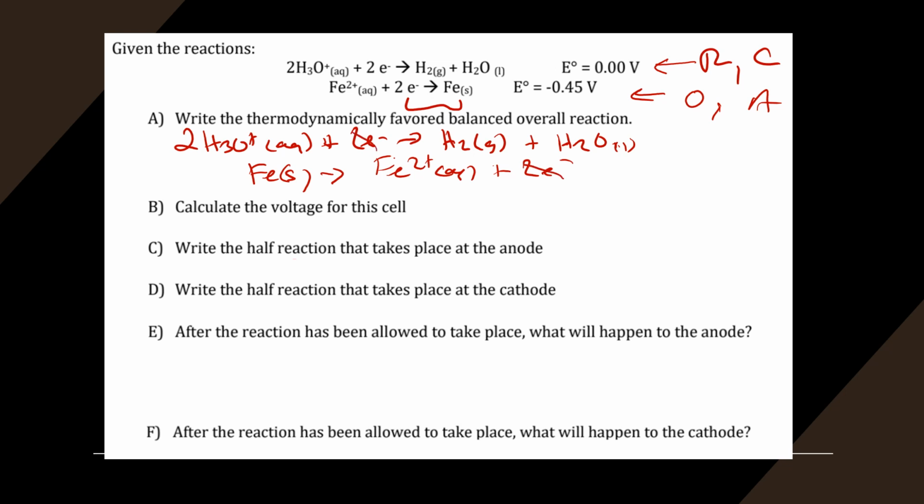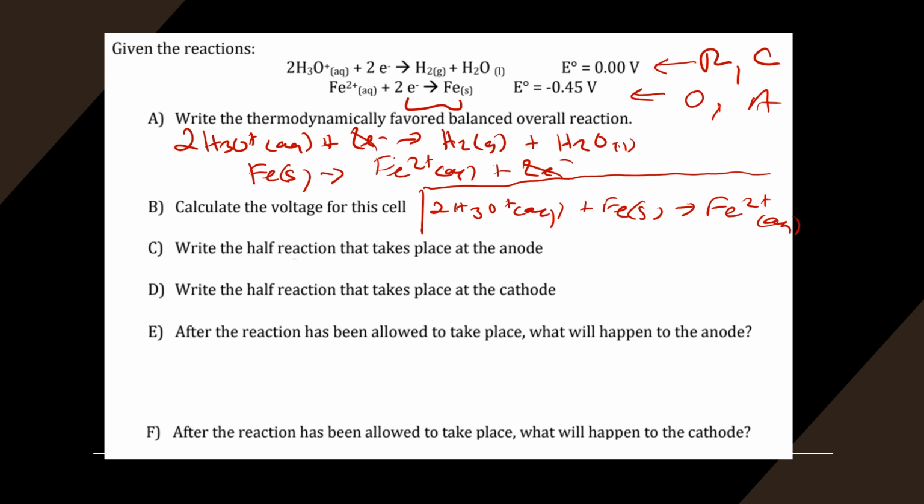So I end up with a total reaction of 2H3O plus aqueous plus iron solid produces Fe2 plus aqueous plus hydrogen gas plus water.